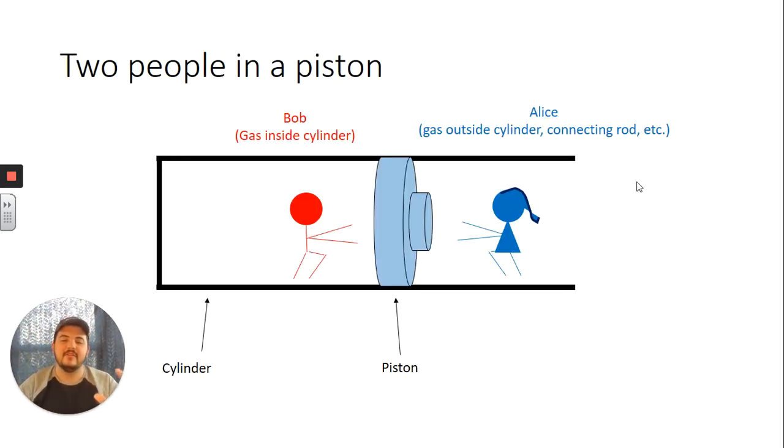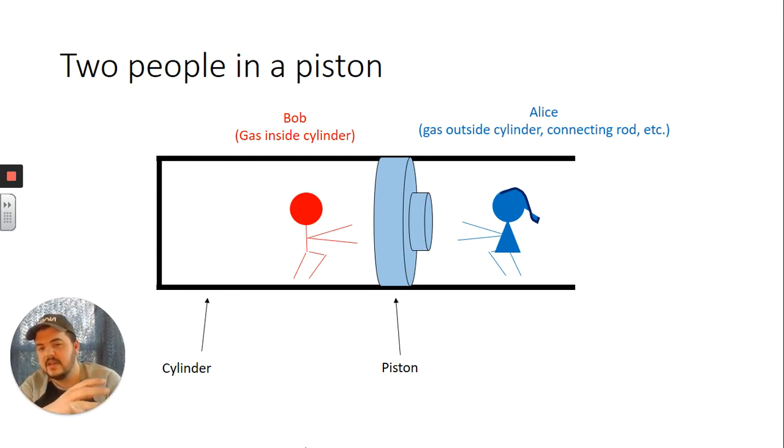So I want to start by looking at people pushing on the piston inside and outside of the cylinder. And those people are going to be an analogy for the gases that are involved, and maybe that connecting rod. So we've got the cylinder here, the outer part is the cylinder, and we have this piston here. And we've got this person, Bob, inside of the cylinder. He's going to represent the gas in the cylinder.